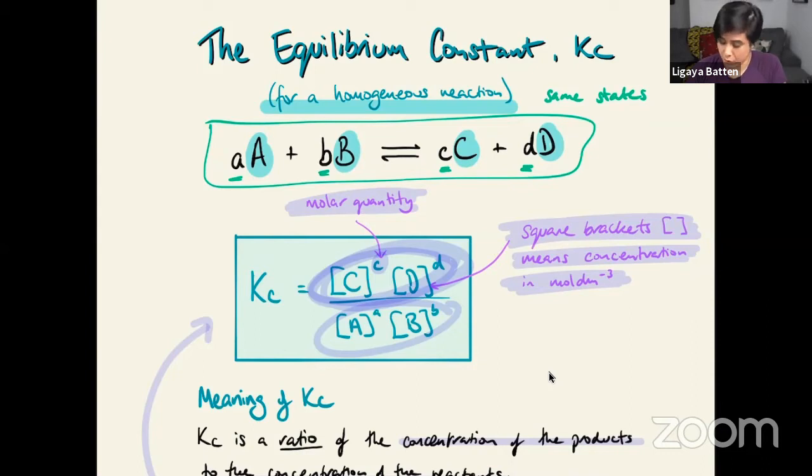And we've got the molar quantity up here at the top, showing that if you've got 2 moles or 3 moles of C, you have that concentration of C to the power of however many moles you have. So that's important in terms of writing the expression. On the bottom, you've got the reactants. So again, same sort of thing, concentration of the reactants to the power of however many moles you have in the equation.